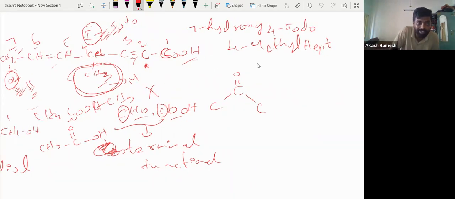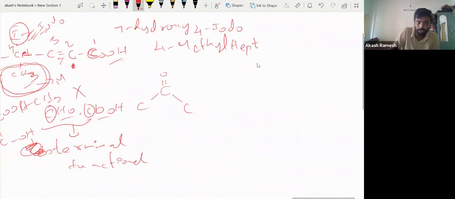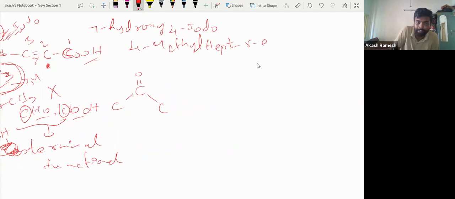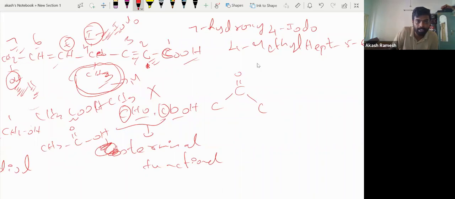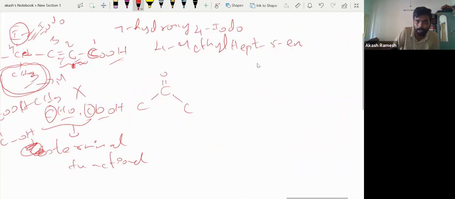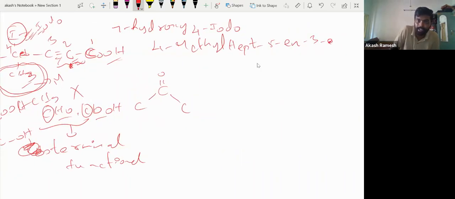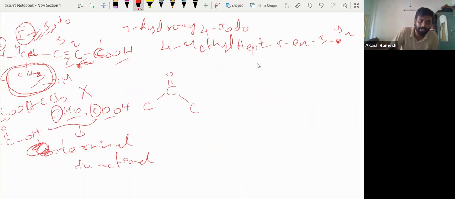I have 6 and 5, obviously I have to take only 5, the lowest number. So hept, put a hyphen, 5-en. Then where do I have the triple bond? In the second carbon atom. You see that there is a triple bond. So you'll write 3-yn, and obviously this is going to be carboxylic acid.